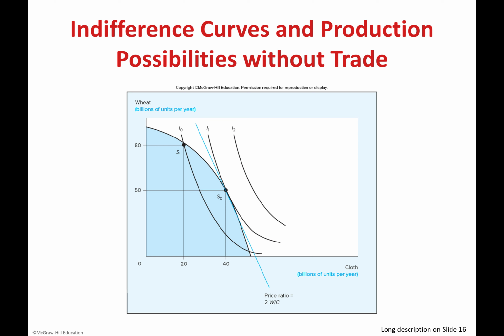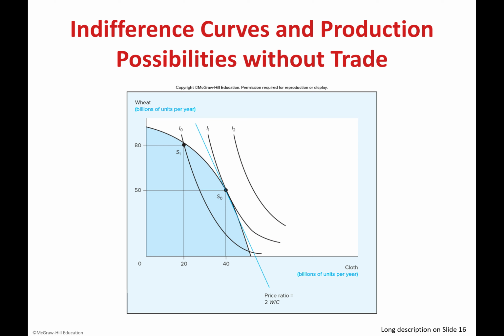We've got our outwardly bowed production possibility curve. That's the curve there that has the blue inside, not the indifference curve, the PPC. We've also plotted indifference curves here, labeled I0, I1 and I2.